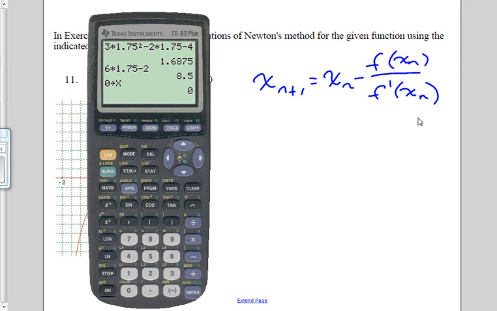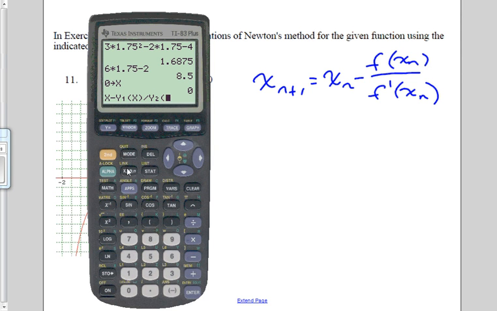My next 0 approximation will be x, which is stored as 0 right now, minus f of x, so y1 of x, divided by my derivative, which is y2 of x, using vars.